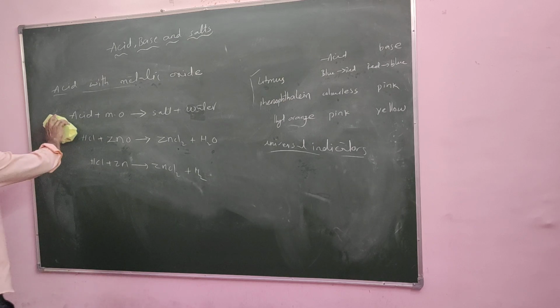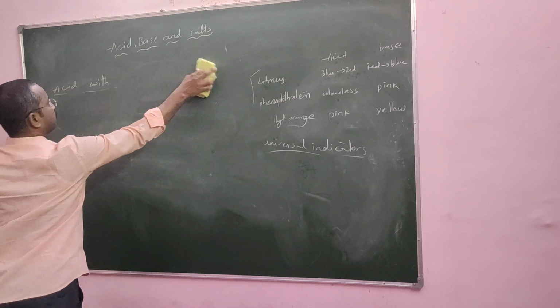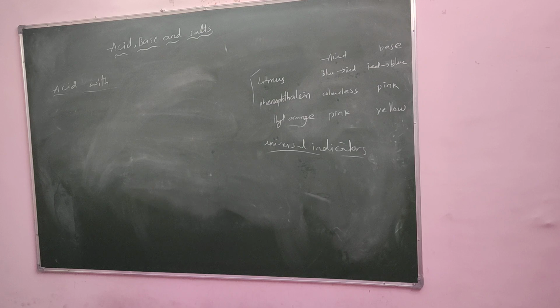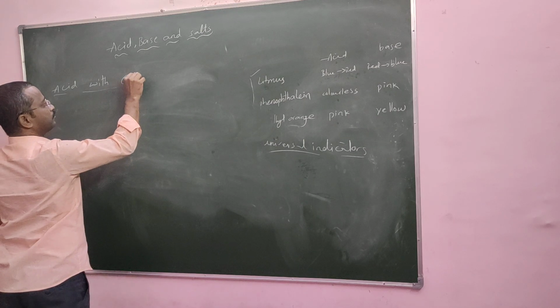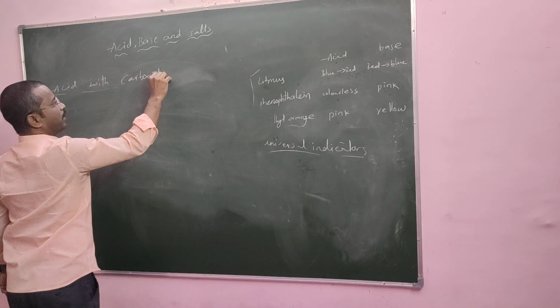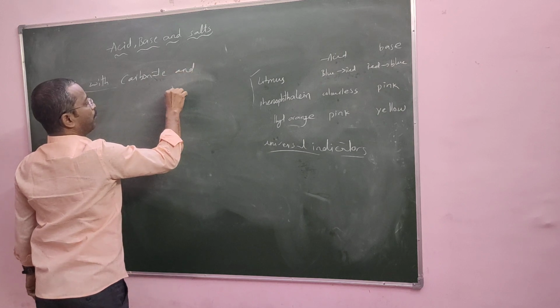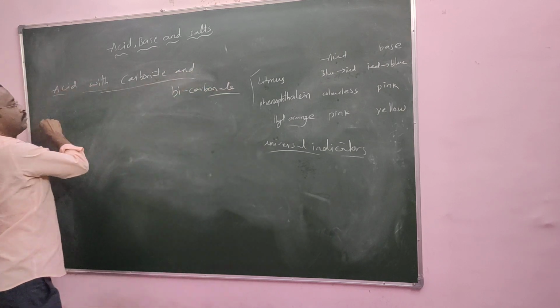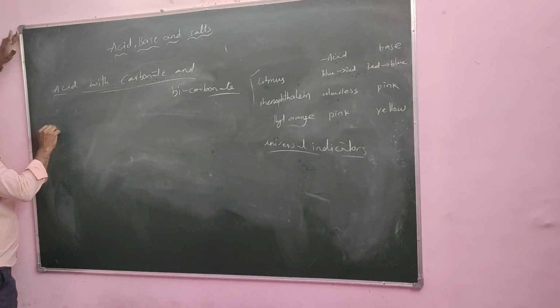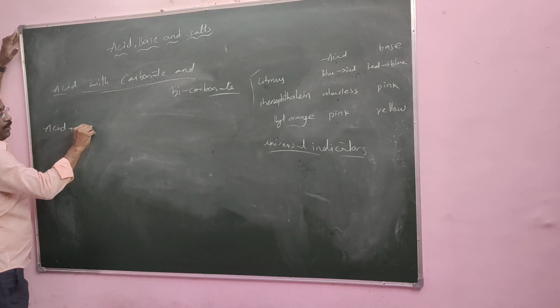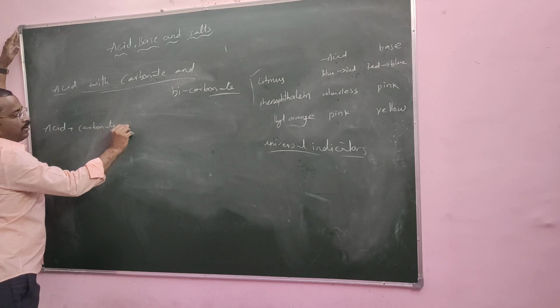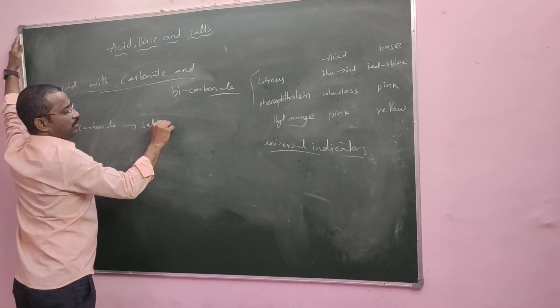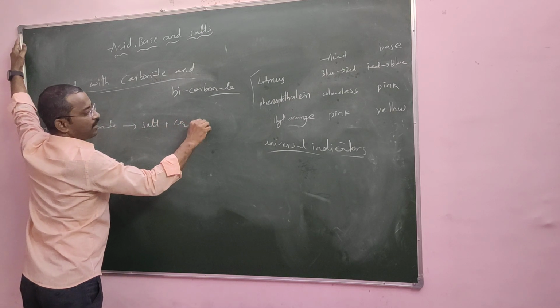And next property, acid with carbonates, carbonate and bicarbonate. See, acid plus carbonate gives rise to salt plus carbon dioxide plus H2O.